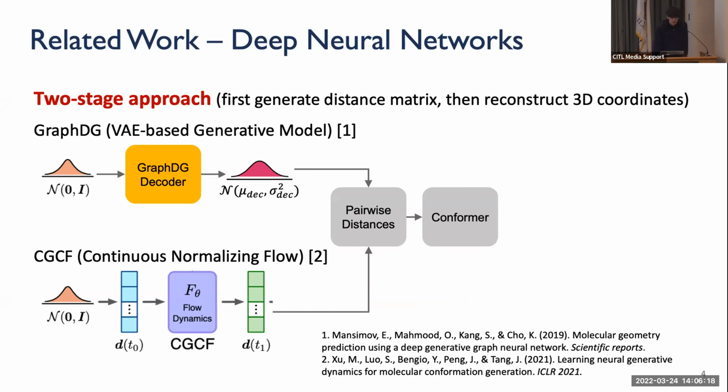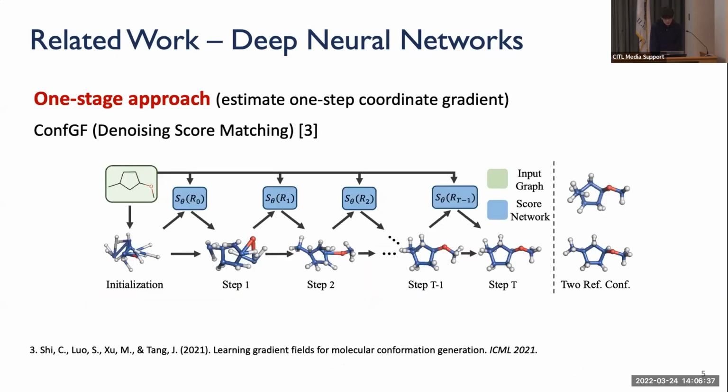They utilize different kinds of generative models like variational autoencoder and the continuous normalizing flow. However, for these two-stage approaches, there will exist an information loss in the reconstruction from the pairwise distance to the 3D coordinates. So more recently, some one-stage approaches are proposed.